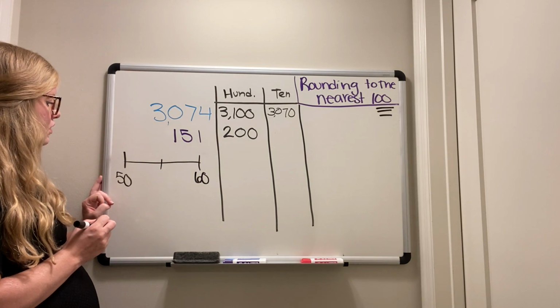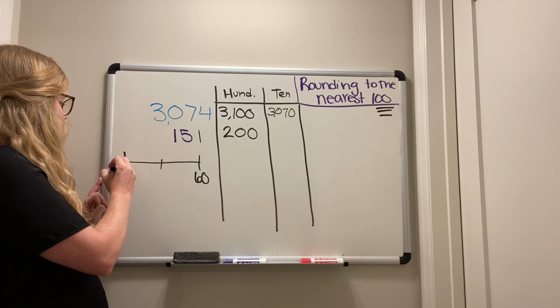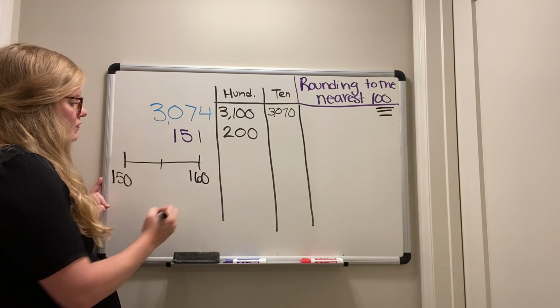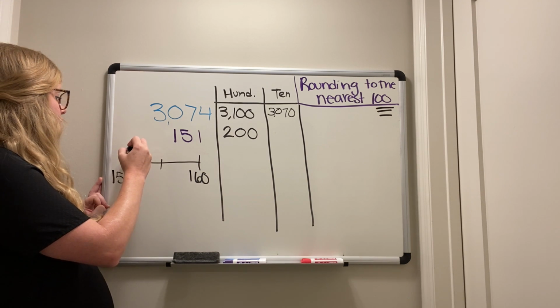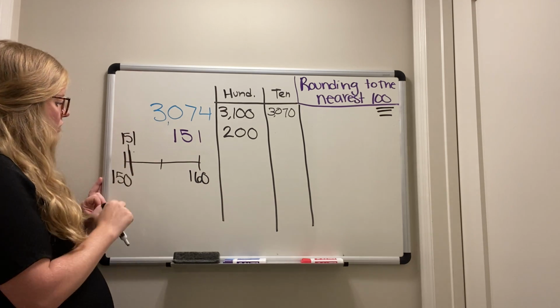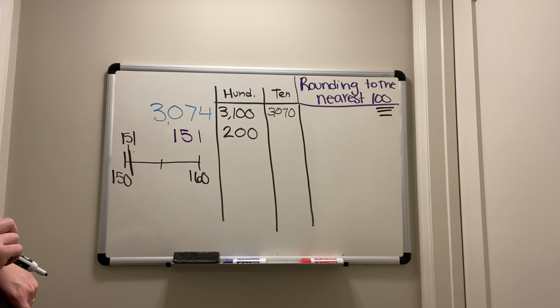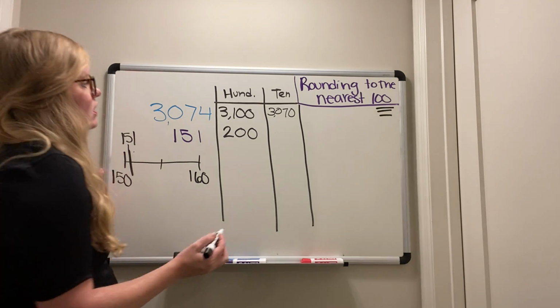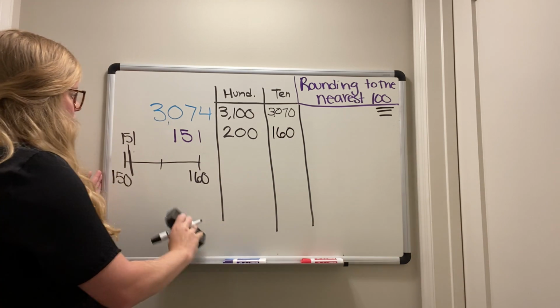Okay, so we need to turn these back into 3-digit numbers, right? So let's add that one back in. Okay, so 151 would be right about there. Okay, so would we round to 150 or 160? Good, we would round to 160.